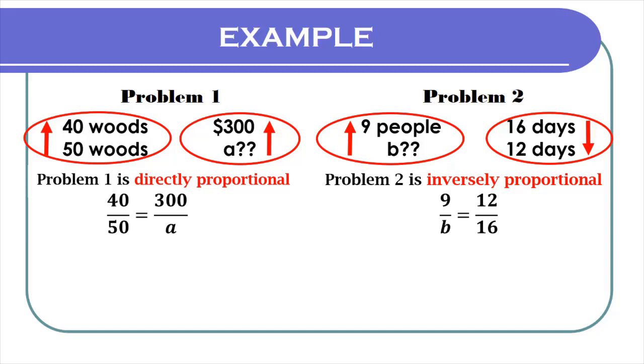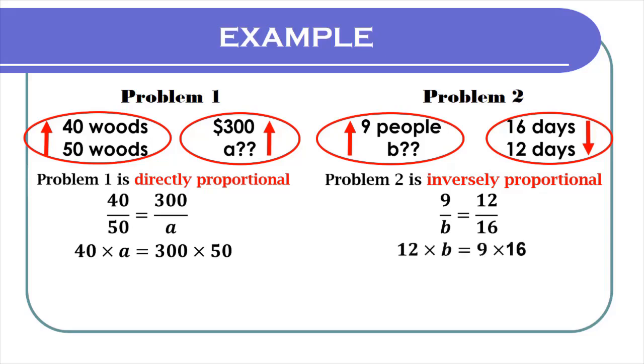So we have 9 over b is equal to 12 over 16. The top is 9 people, as the numerator for the first fraction. For the second fraction, the numerator must be from the bottom, which is 12. That's the difference between how to solve direct proportion and inverse proportion problems.